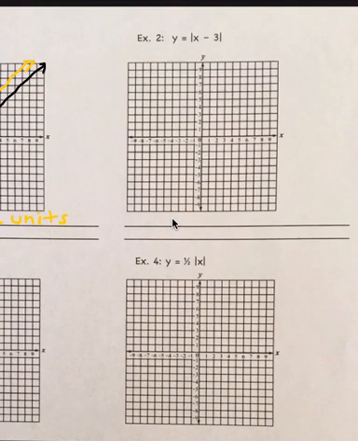When I look at number 2, I'm going to draw in the parent function. And then as we look here, the minus 3 is on the inside. So that means we're going to shift right 3 because x's lie. We need to go opposite.